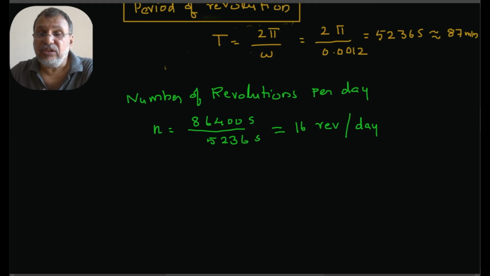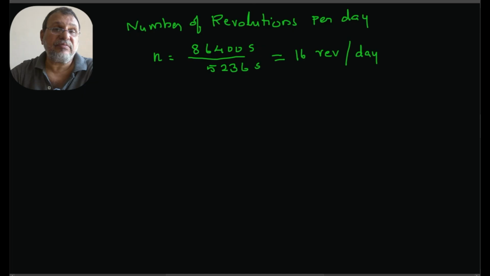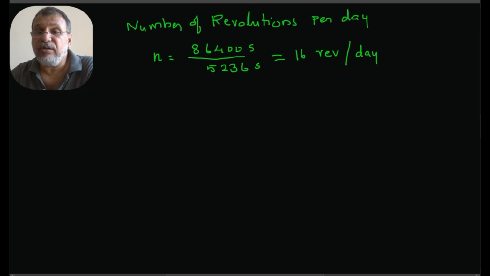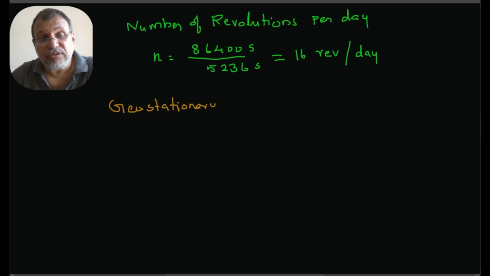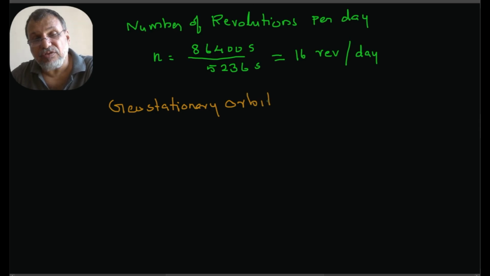Now let us go to geostationary orbits. Satellites in geostationary orbits are typically used for communication because they will always be at the same spot in the sky when looked from Earth.